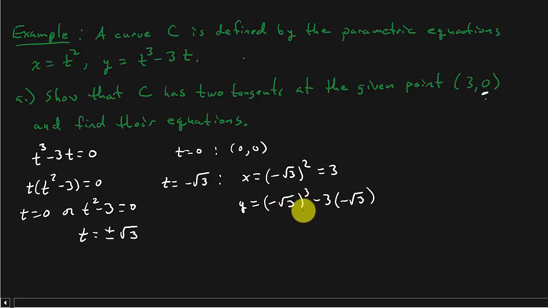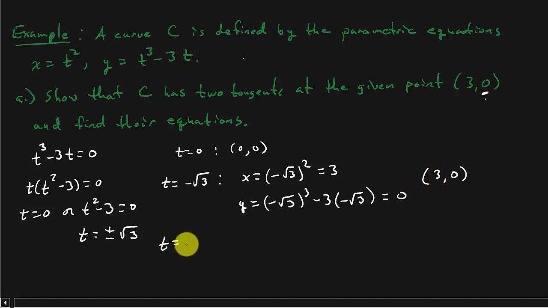What do we get when we do this? This is going to give us 0. You can plug it in your calculator and verify it. So that gives us the point (3, 0).